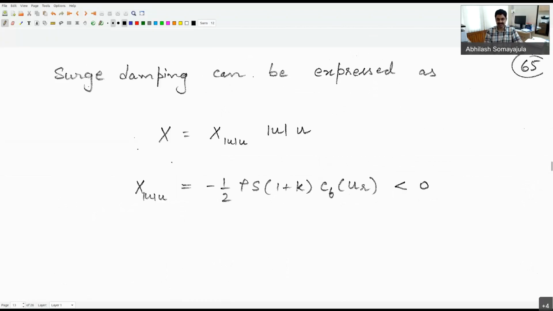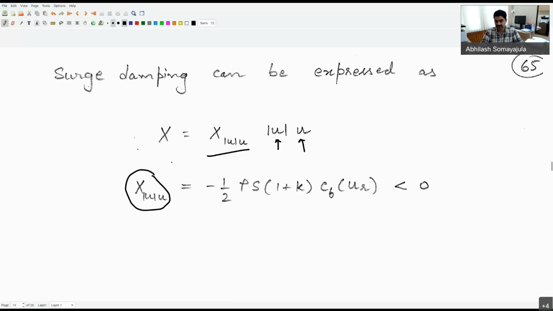Now, if I take this entire thing and I want to express that so-called surge force as a quadratic damping, then I can put some coefficient times u times mod of u. Then that coefficient simply becomes minus half rho S (1 plus k) times the frictional coefficient. Is that making sense here?